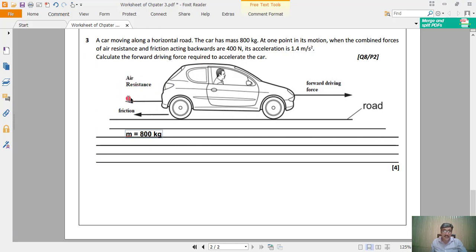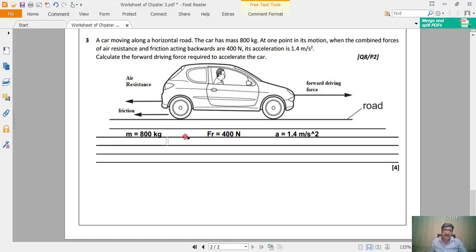You can see here it is labeled air resistance and friction. It becomes 400. So I call these forces Fr equal to 400 Newton. Acceleration is given, that is 1.4 meter per second square.